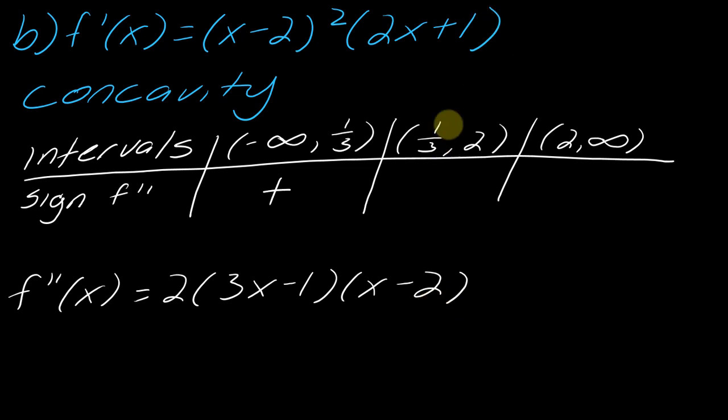If I choose something between 1/3 and 2, so maybe something like 1, this will be positive, but this will be negative, so this will all be negative. And then if I choose something like 5, this will be positive and this will be positive, so there we go. So now I can see that I have an inflection point probably at 1/3 and at 2.